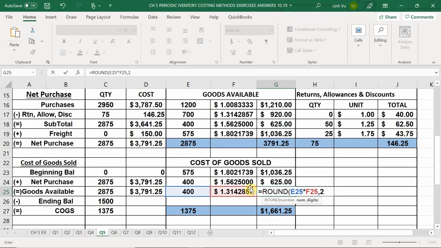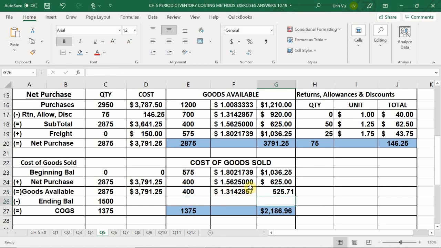So what's my total cost for selling 400 items? 525 and 96.